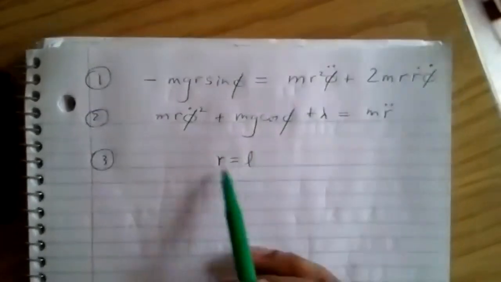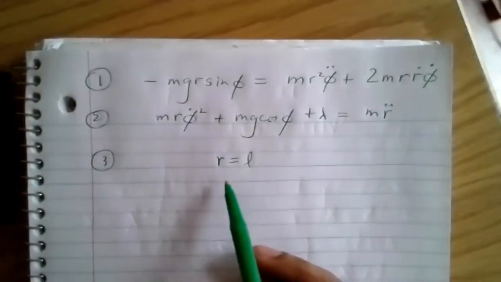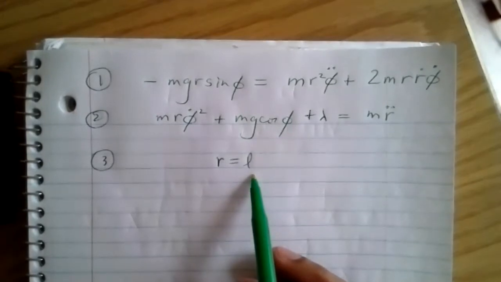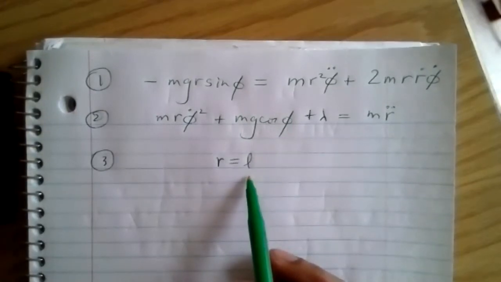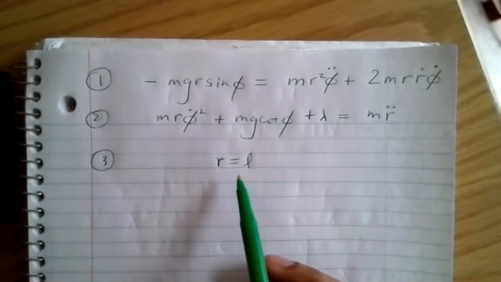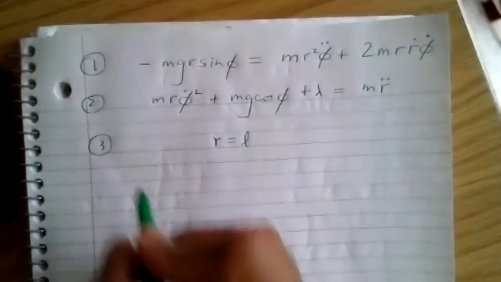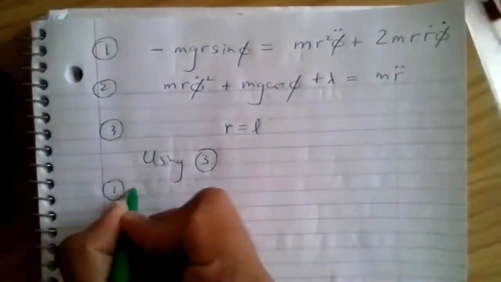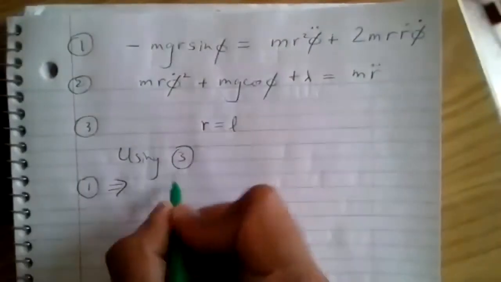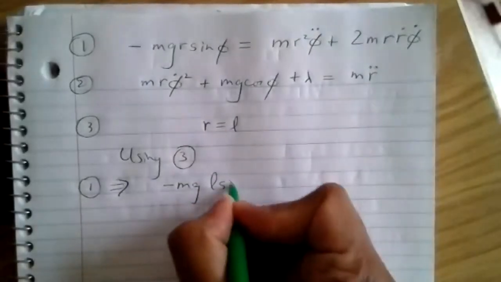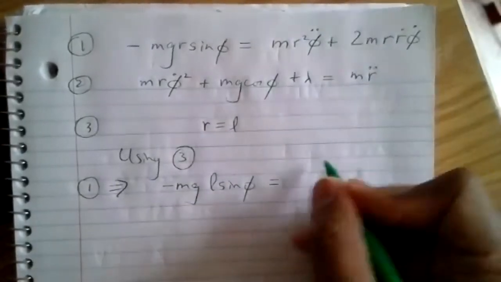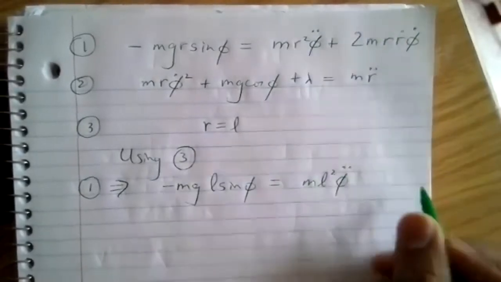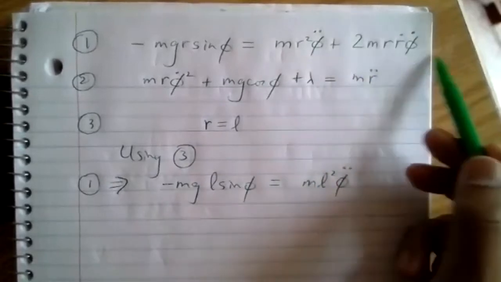So now we start applying the constraint. That's going to make life a lot simpler. Since r is equal to L, which is a constant, that immediately gets rid of any derivatives of r. And anytime we see r, we can just replace it with L. So using equation 3, equation 1 is going to become minus mgl sine phi equals ml squared phi double dot, and then this term goes away because r dot is 0.